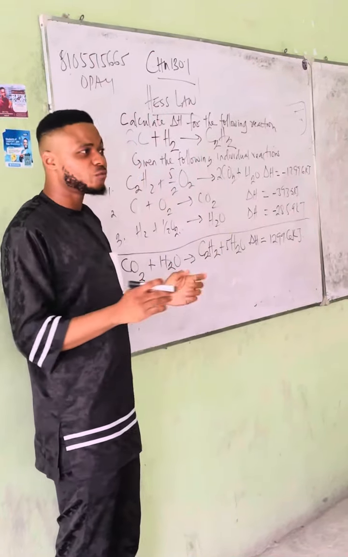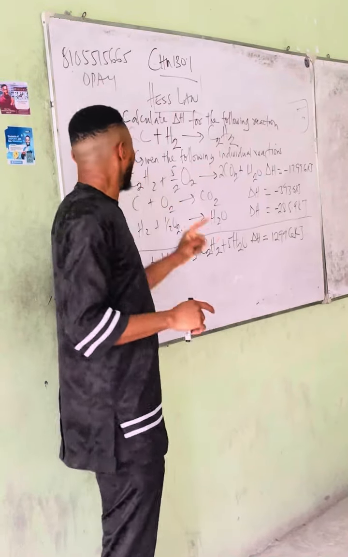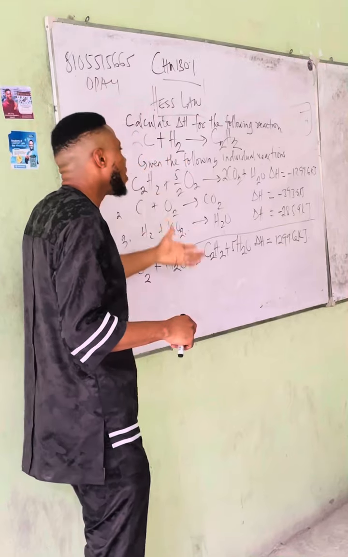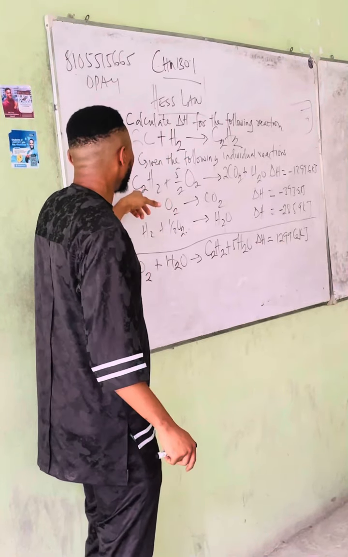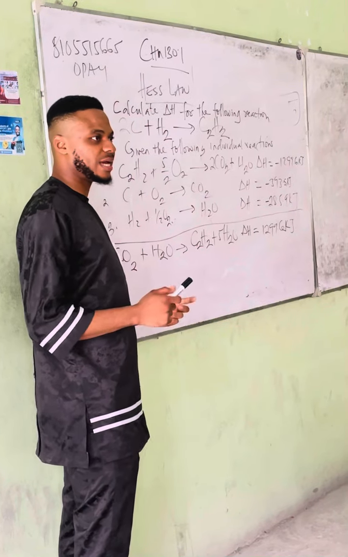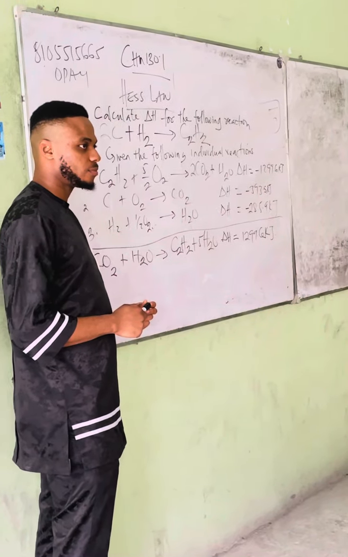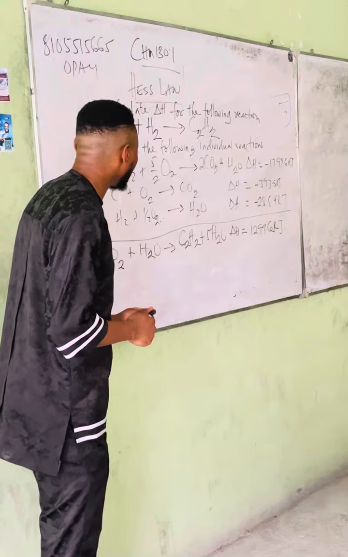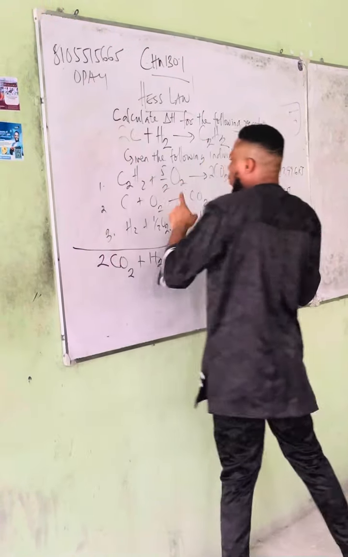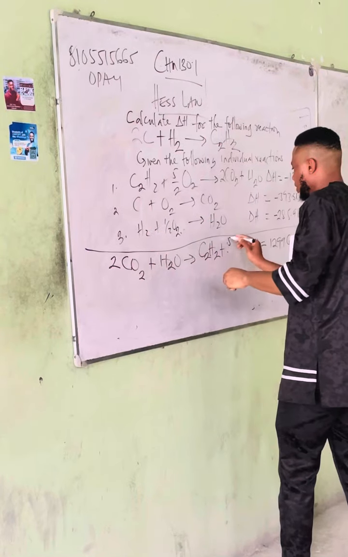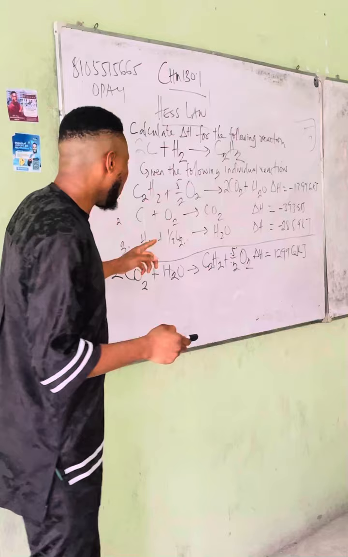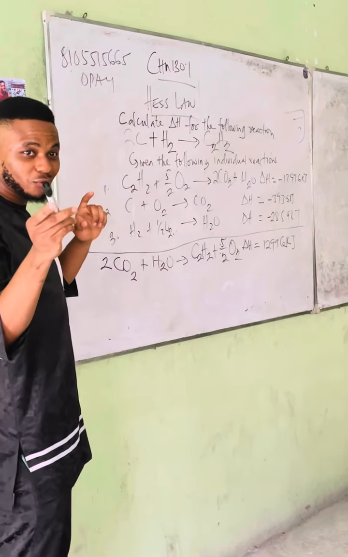Are we together? Like I said, please don't forget: ensure you look for the compound, the molecule, the element that is in equation 1 that you will not see in either of the other two equations. That is the idea. Here it was 5/2O2, a correction we just made, if you're watching on YouTube.